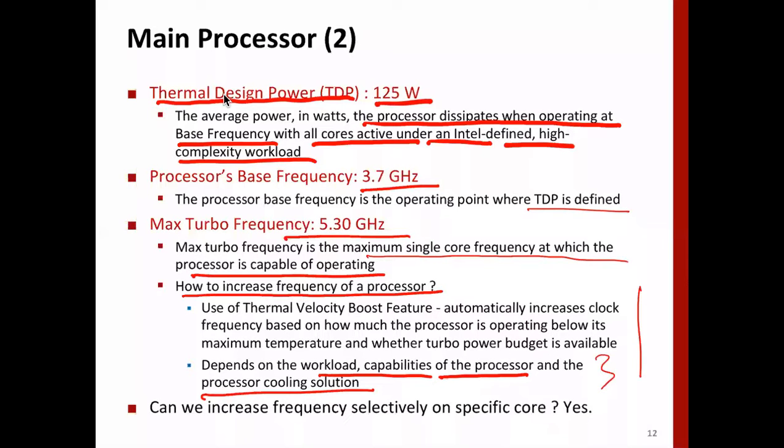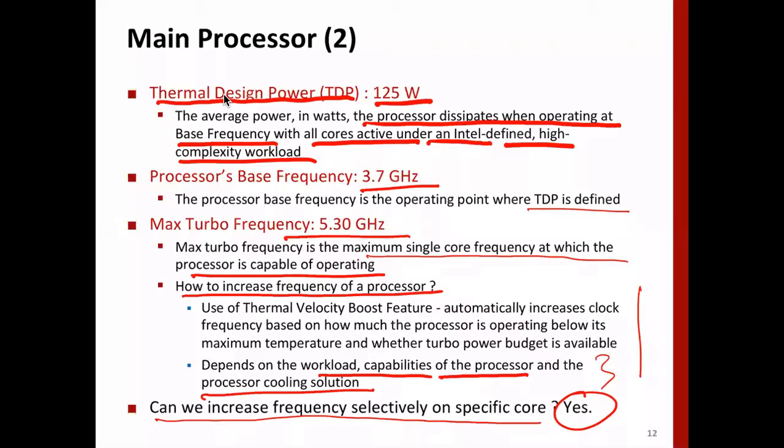The question you can now ask yourself: can we increase the frequency selectively on a specific core? So there are 10 cores. Can we run them at different clock speeds? Yes, of course you can do that. Who controls this? Is this control available to a user, or is it available to the OS? Anyone?